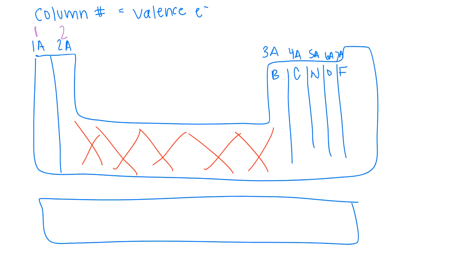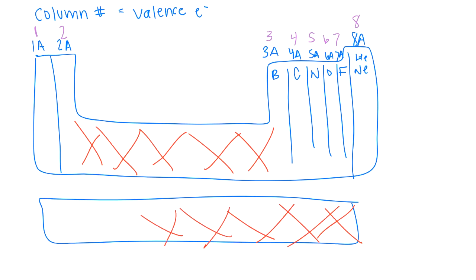And then we have helium and neon in 8A, right? So again, all we need to do is look at the column number to determine the number of valence electrons. So 3A has 3 valence electrons, then 4 valence electrons, 5, etc., all the way down the line. So we can ignore the transition metals, and we can ignore the rare earth metals down here at the bottom.